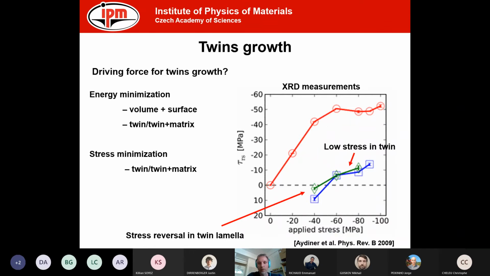So in our work, we were more focused on this stress minimization approach, although in reality it's probably a combination of both of these approaches.